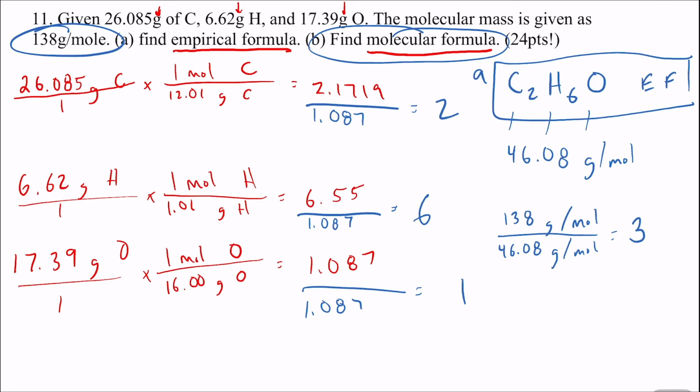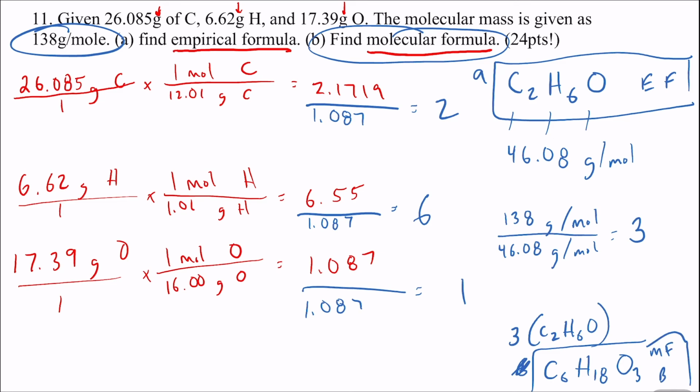So then we take that 3, and then we have to distribute it from our empirical formula. And that'll give us C6H18O3. And that's the molecular formula, which is B. All right, there we go. Awesome.